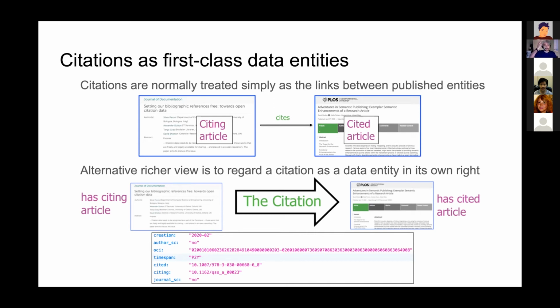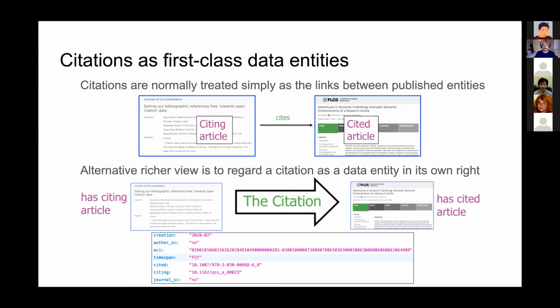Here, the first one is the creation date of the citation, which is coincident with the date of publication of the cited article. Then there is other information named author underscore SC and journal underscore SC.